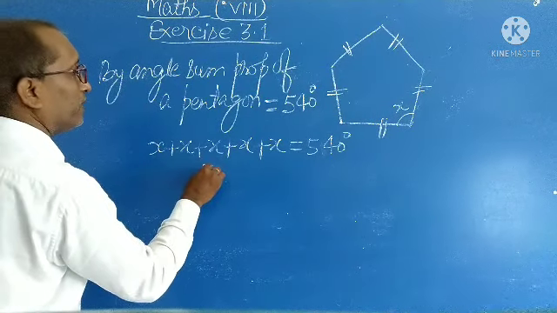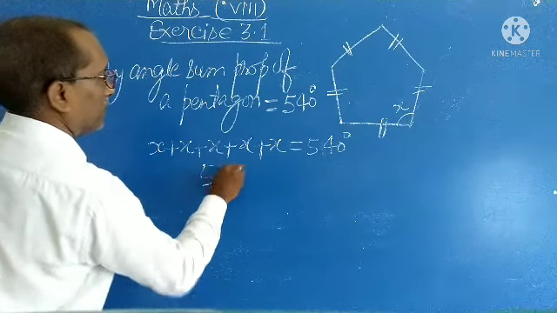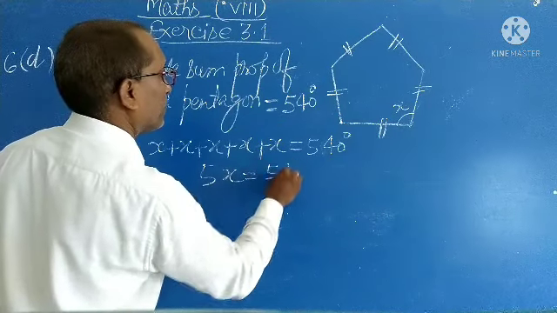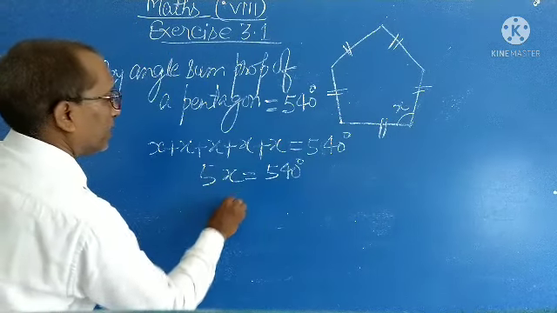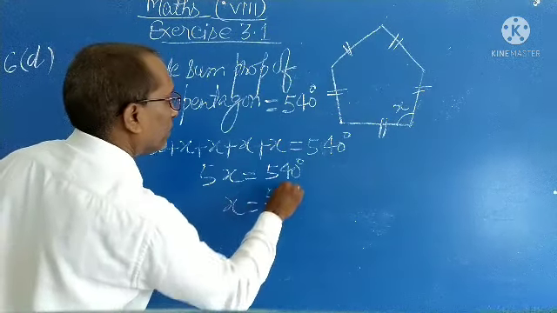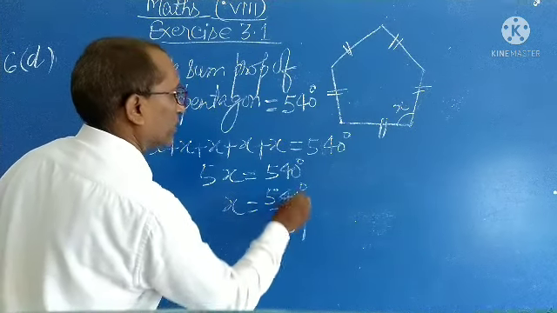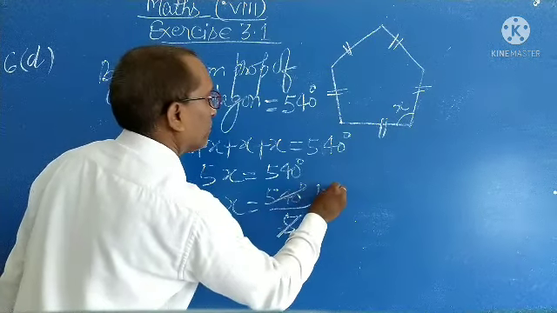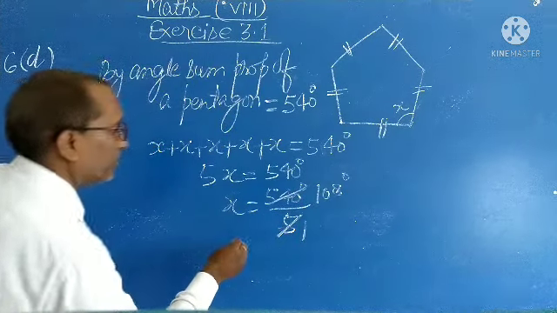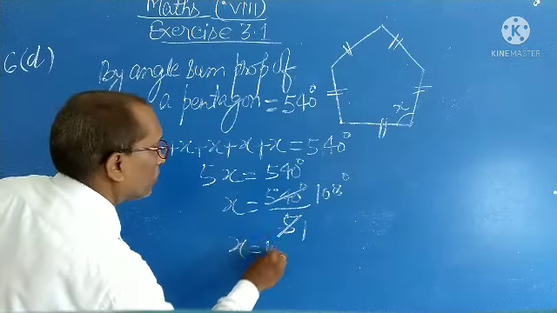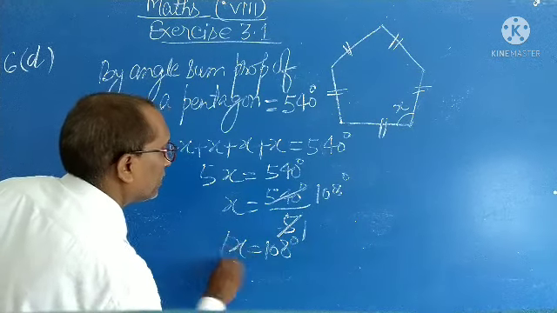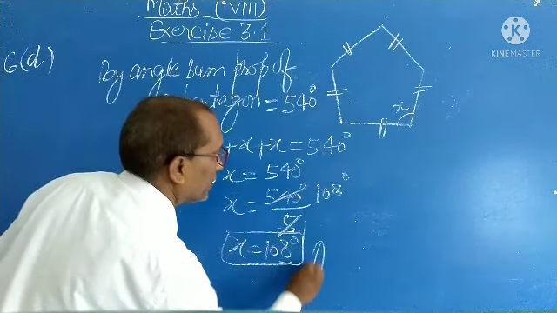Means 5x is equal to 540 degree, then x is equal to 540 degree upon 5. Means x is equal to 108 degree. It is your answer.